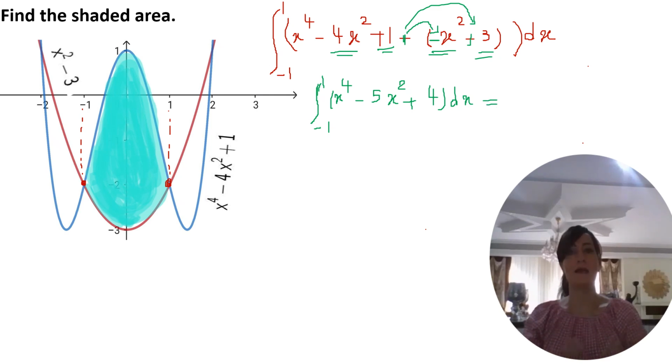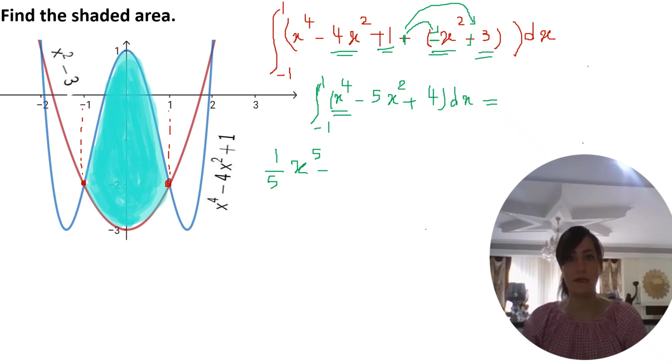Now I take an antiderivative. The antiderivative for the first term: I add 1 to the power, which is x to the power of 5, I bring 5 to the denominator, and my coefficient is 1.